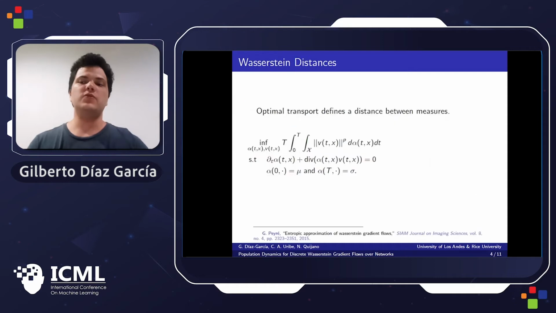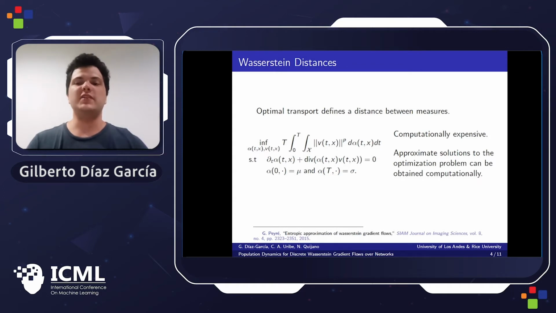With this in mind, we use the notion of optimal transport. With it, we can define a distance between two arbitrary measures. However, as you can see, this definition seems intricate and it's computationally expensive. Therefore, some applications are constrained to only find approximations of this notion of distance.